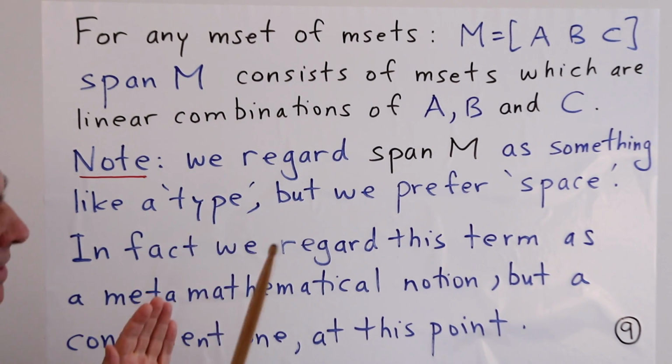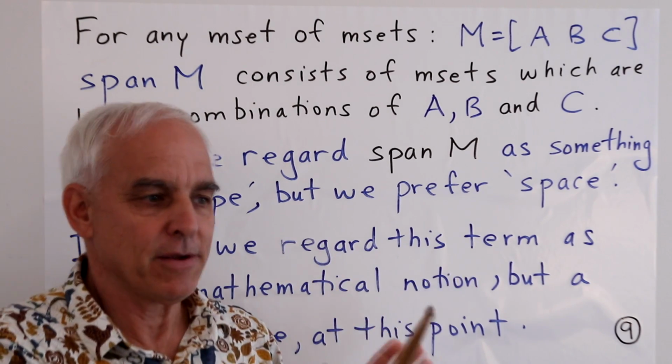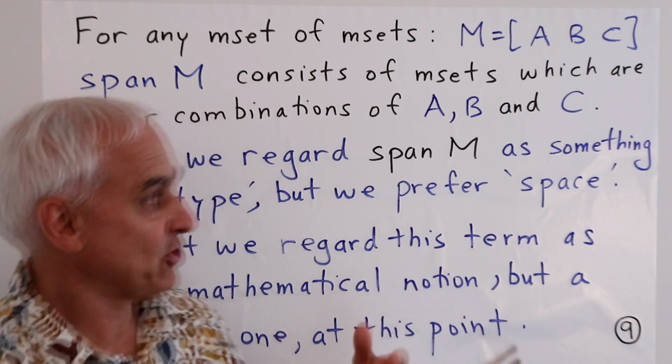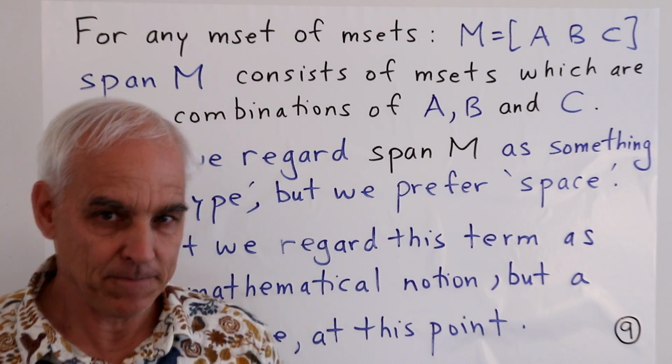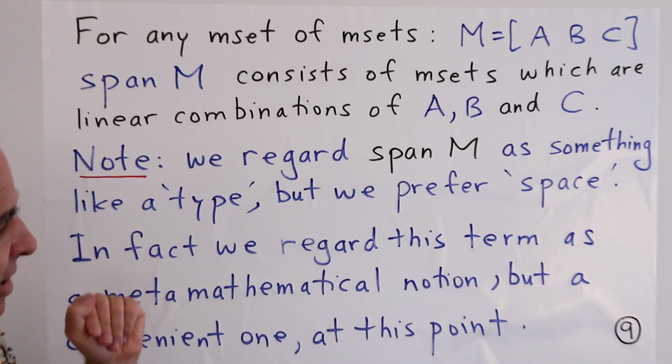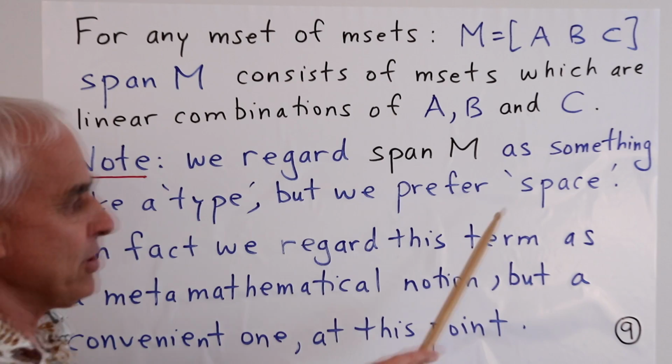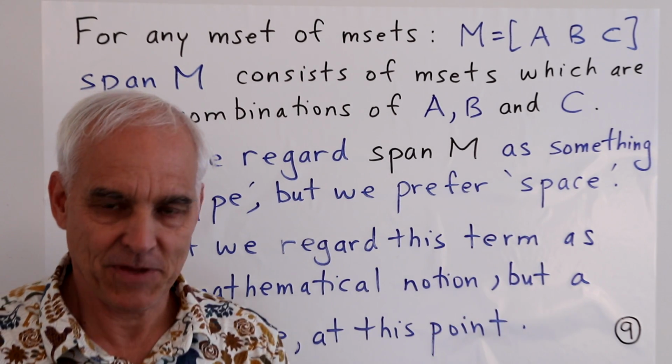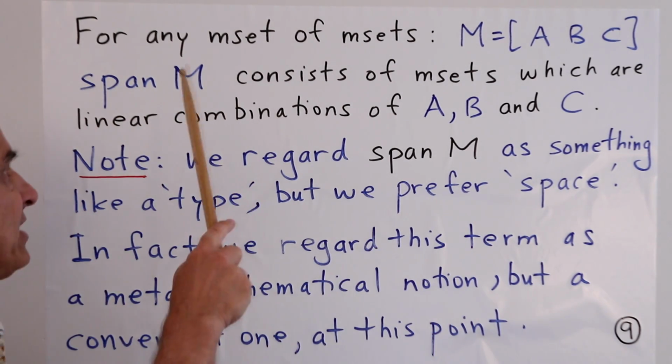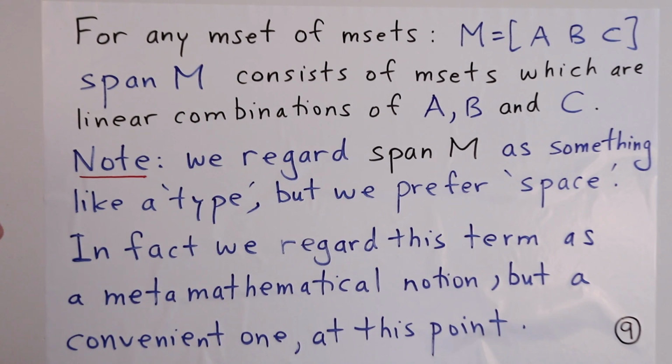It's describing certain msets which are linear combinations of A, B, and C. So it's a little bit like a type, but we prefer perhaps to use the term space. So we might like to talk about the space span of M.